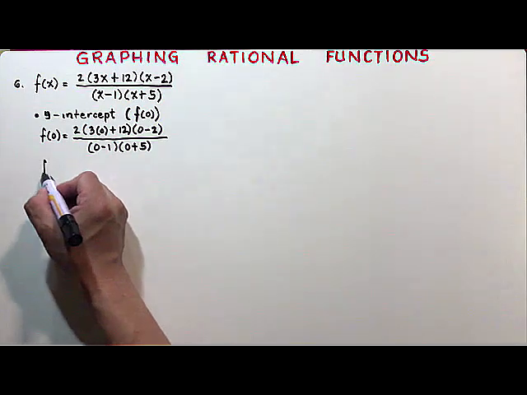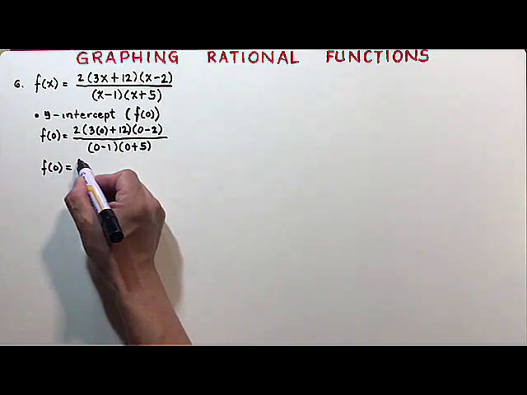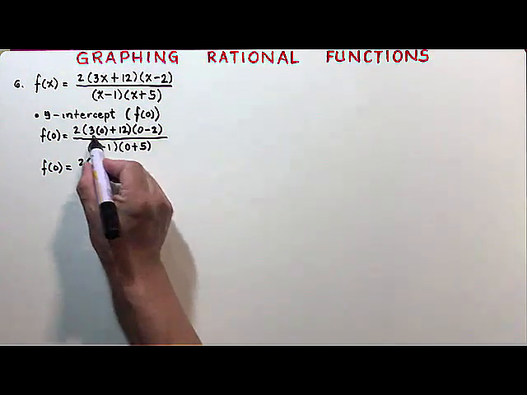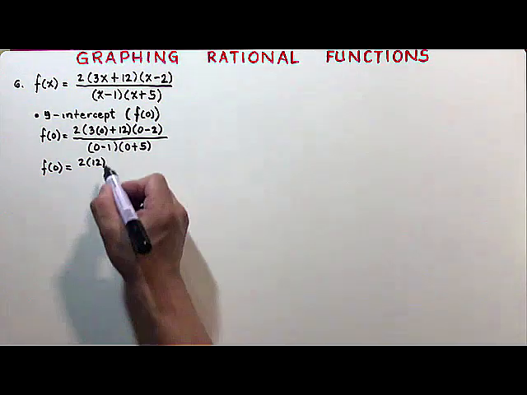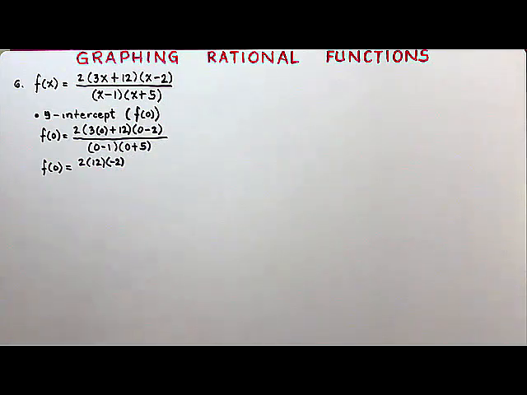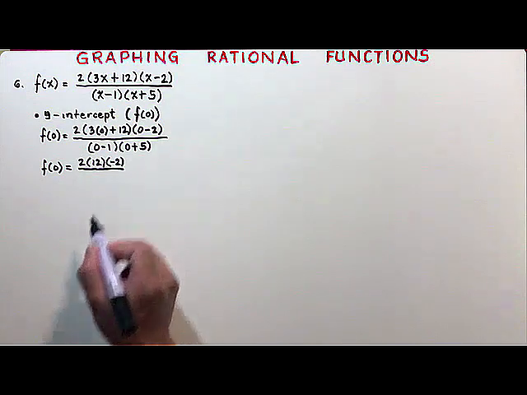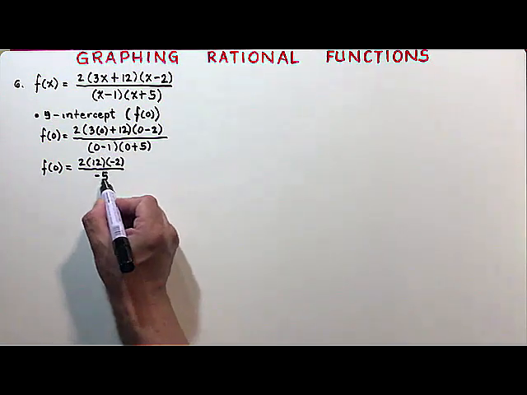And we have f of 0 equals 2 times 12, because 3 times 0 is 0 and 0 plus 12 is 12, times negative 2, because 0 minus 2 is negative 2, and this will be divided by negative 1 times 5, which is negative 5.